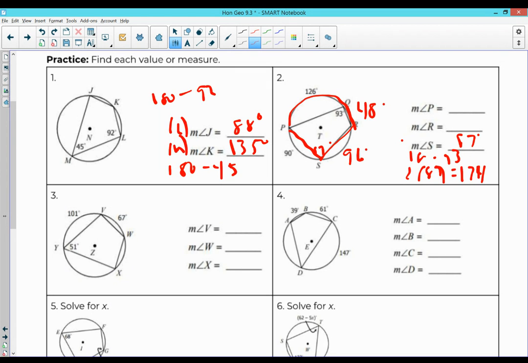So now you want the measure of angle P. So that's going to be half of 48 plus 96, which will give us 72 degrees. And then measure of angle R, we would do 180 minus 72, get 108.